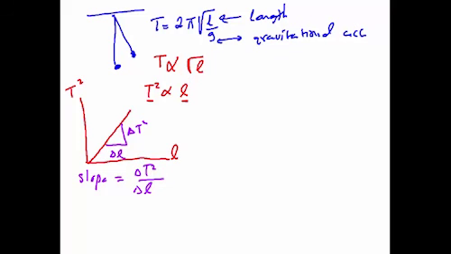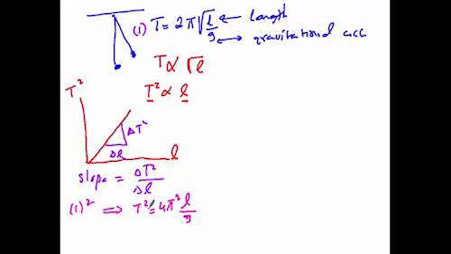How to use that for calculating g? If this is our equation number 1, if we square the function itself, equation 1 squared will give us T square equal to 4 pi square L over g.